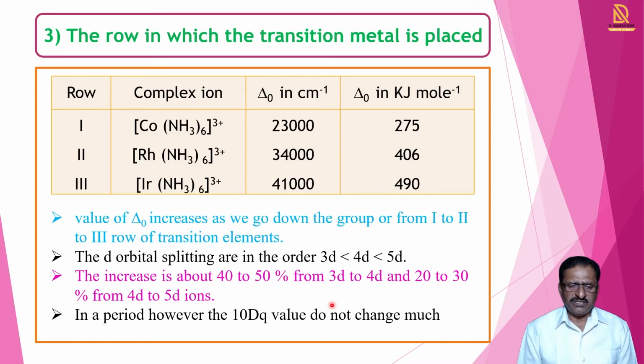By how much? In going from 3d to 4d, the energy is near about 40 to 50% more, and from 4d to 5d, near about 20 to 30% higher. Simply, the third transition series energy is near about double that of the first transition series metal.